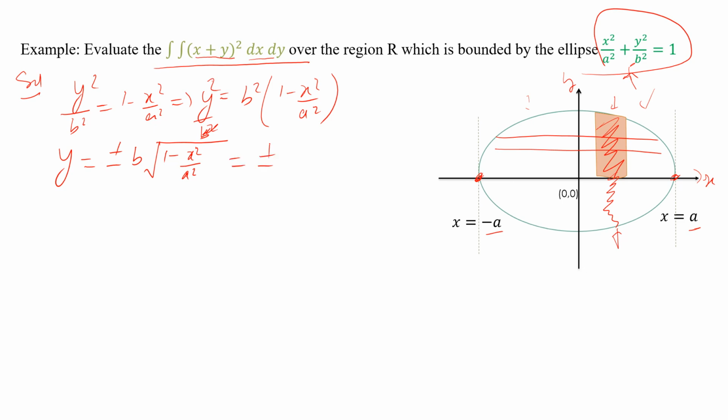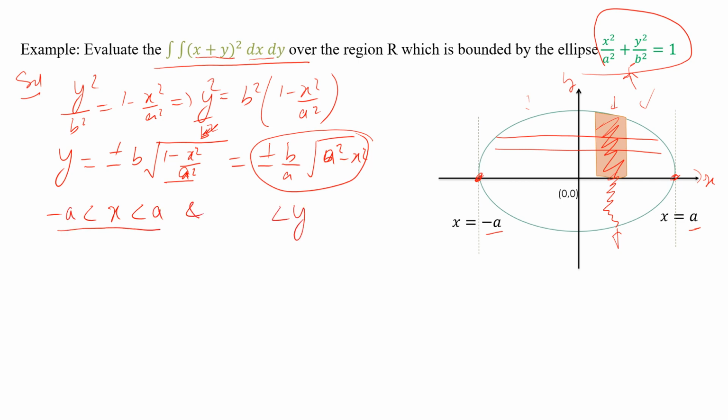Or we can also write b upon a, if we take the LCM here, b by a root a square minus x square. So we can say x varies minus a to a, and y varies minus b by a root a square minus x square up to b by a root a square minus x square. So these are the limits of integration.